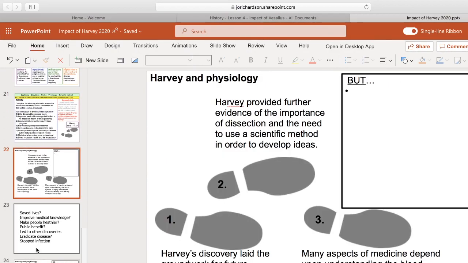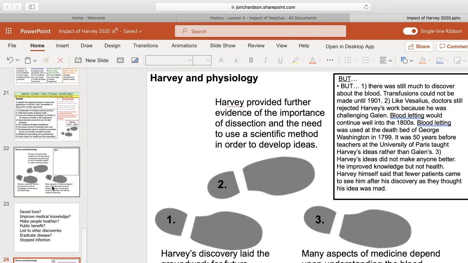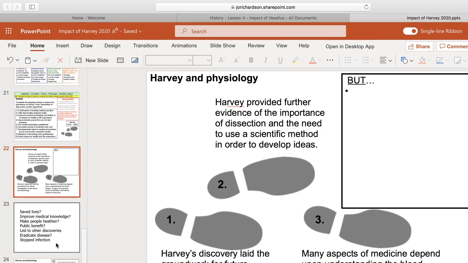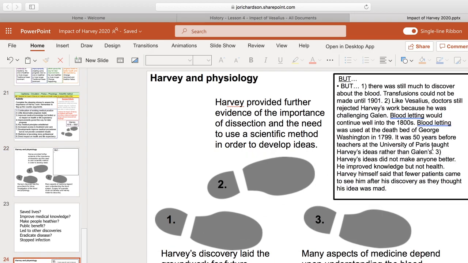So you need to think about, would everyone believe him? Are people happy with the idea of rejecting Galen? So here are some concepts that you can just summarise in your box. Rejecting Harvey's work, bloodletting continued. So it suggests that they don't have this idea, because hopefully you see how with Galen's idea of the liver constantly producing blood, bloodletting would make more sense to them because there's this endless supply.